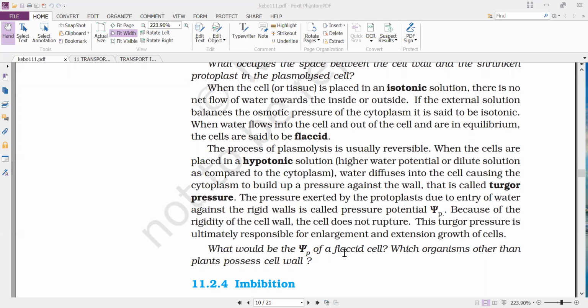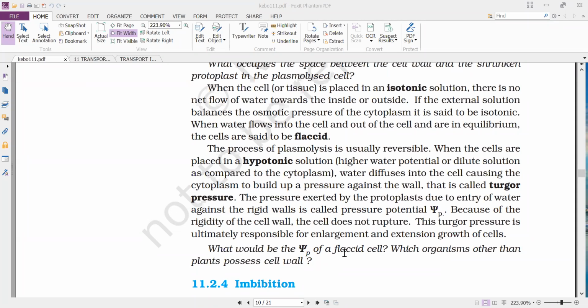Which organisms other than plants possess a cell wall? Can you name any organisms which possess a cell wall other than plants? Bacteria, sir. Okay, bacteria, and next fungi. Fungi also have a cell wall, made up of chitin.